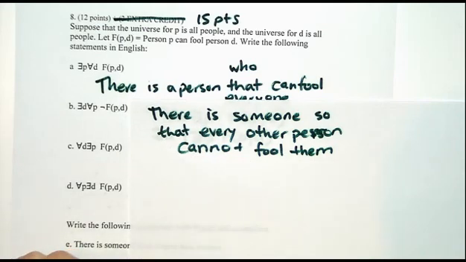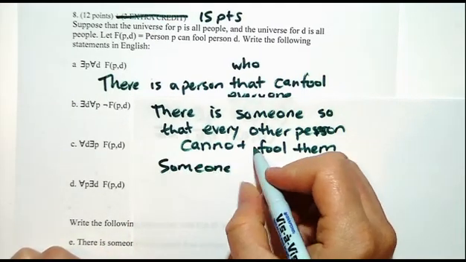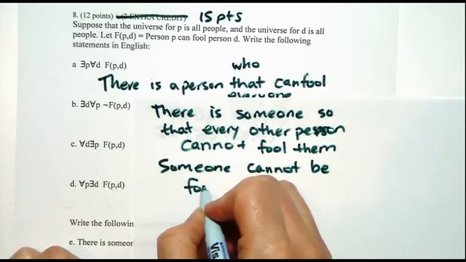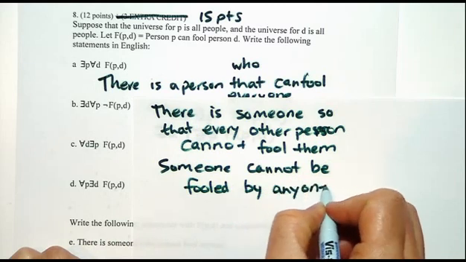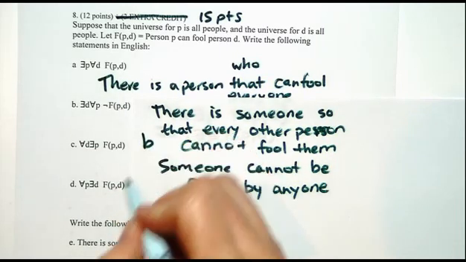So sometimes you have to write a mangly sentence and then try to figure out a better way to say it. So that's also correct for part B. So these are all B.